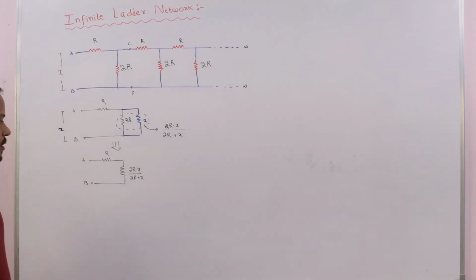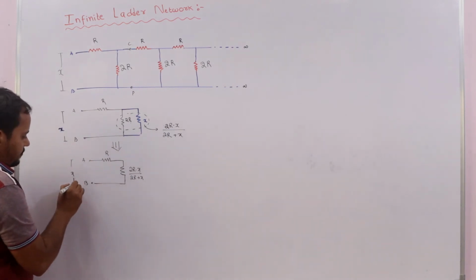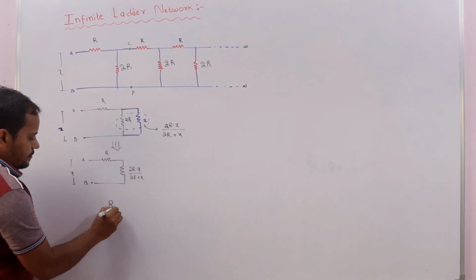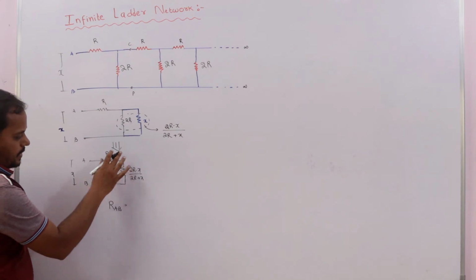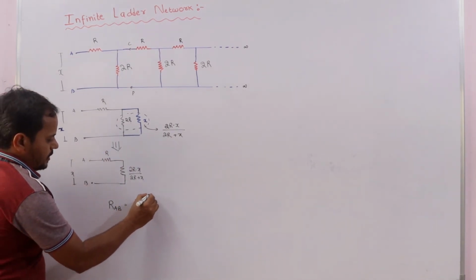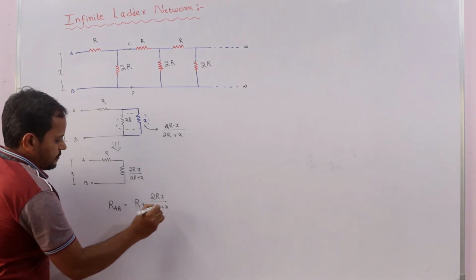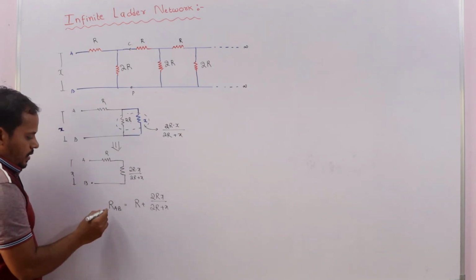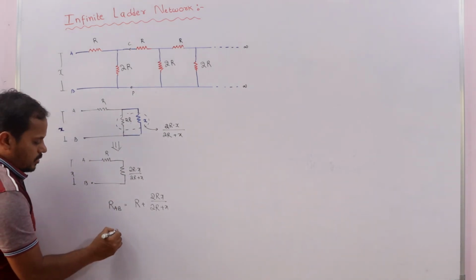So now between A and B, the equivalent resistance is again X. So RAB, the equivalent resistance between A and B from this diagram, is R plus 2RX by 2R plus X. And from the infinite network circuit, this resistance is considered to be X.